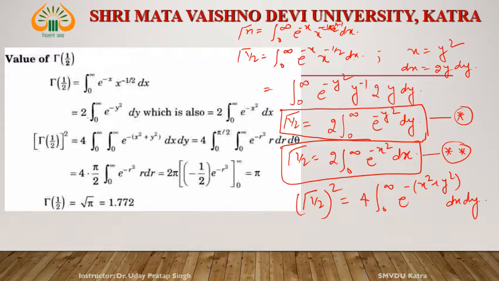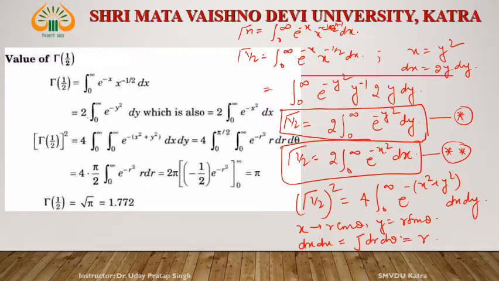For the solution of this one, again apply the transformation, convert this Cartesian function into polar coordinates. x is equal to r cos theta, y equal to r sin theta. Then we already discussed in the Jacobian, this dx dy is equal to Jacobian dr d theta, right? And what is the Jacobian of this?